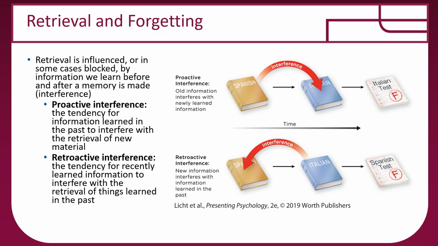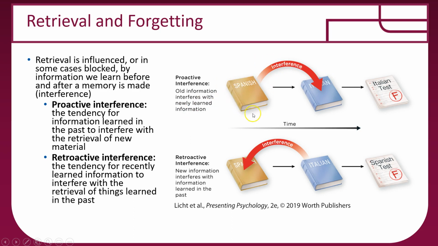Retrieval can also be influenced or blocked by information we learn before or after. We call this interference. And there's two types, proactive and retroactive interference. So you can see here, proactive interference is when old information interferes with newly learned information. So pro, kind of before, okay?